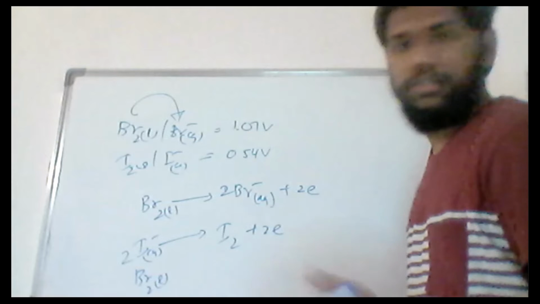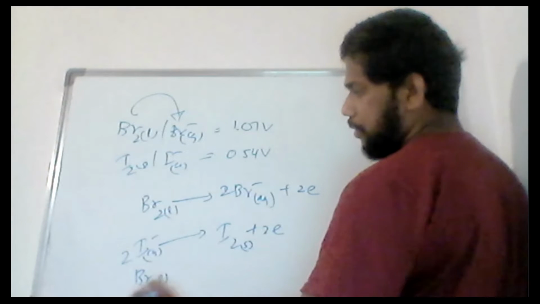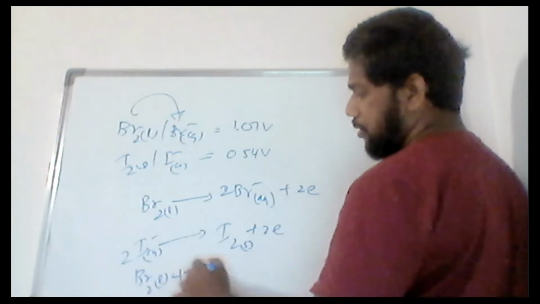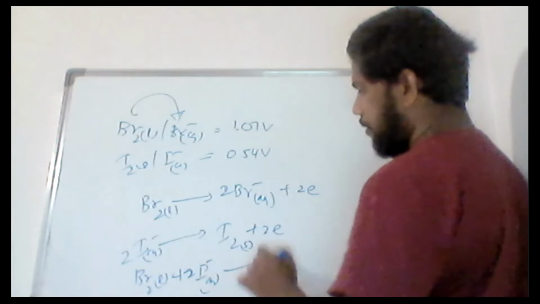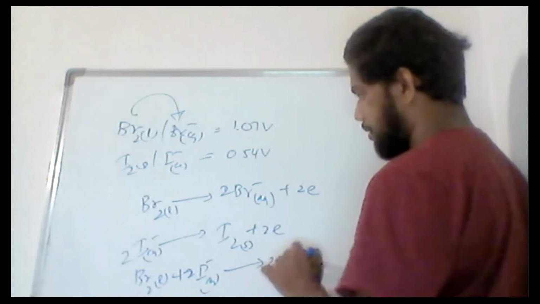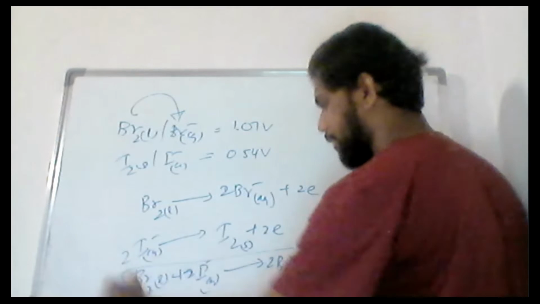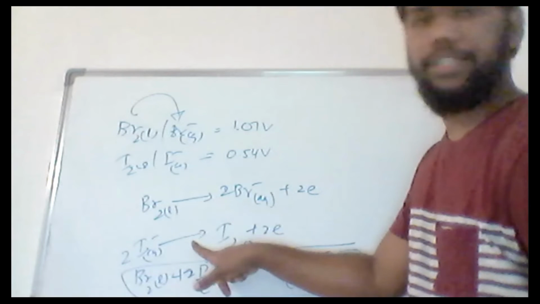But you don't need to write those two. You can write Br2 liquid plus 2I minus aqueous, giving 2Br minus aqueous plus I2 solid. So this reaction can be right. This is the reduction, this is the oxidation.